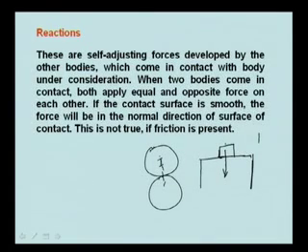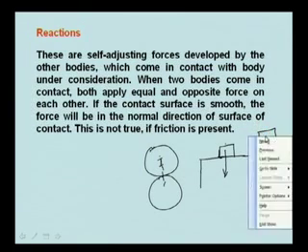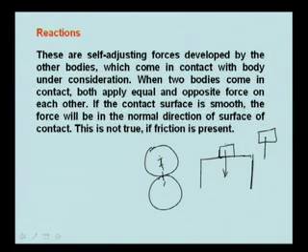Therefore, the body will not move, otherwise the body would have fallen. The weight W of the body is acting like this and the reaction of the table is also like this. So this balances each other.